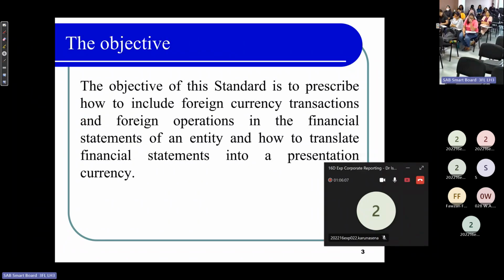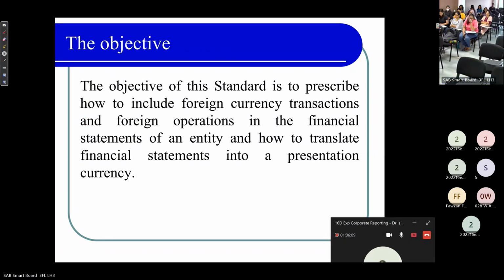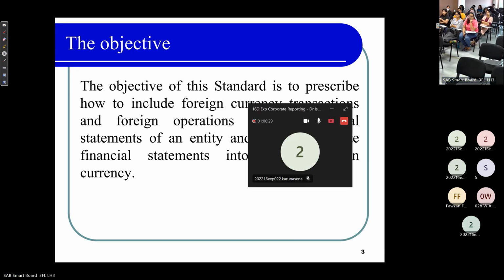Objective of the standard: the standard prescribes how to include foreign currency transactions and foreign operations in the financial statements of an entity and how to translate financial statements into the presentation currency.